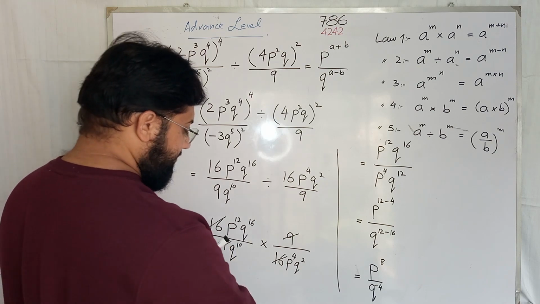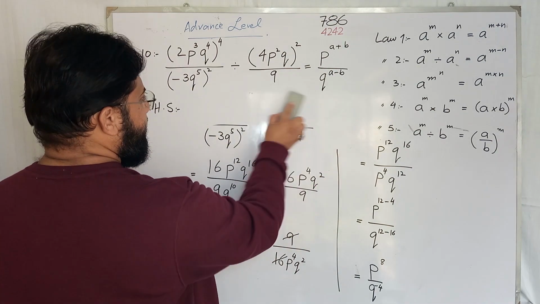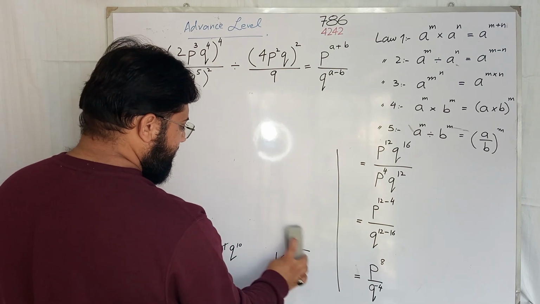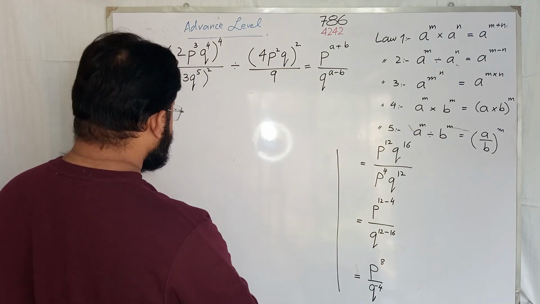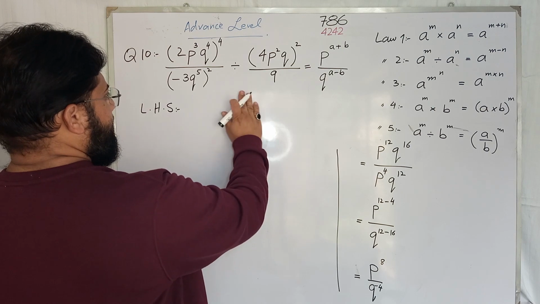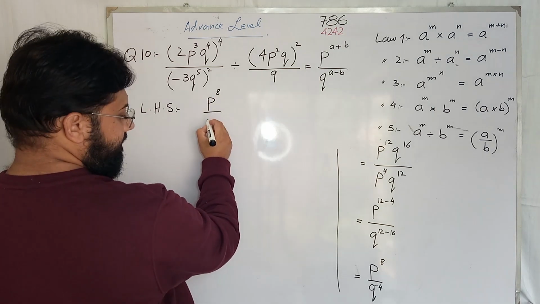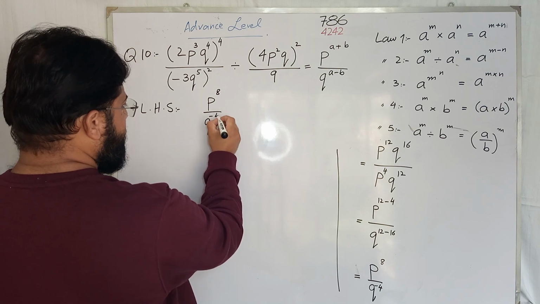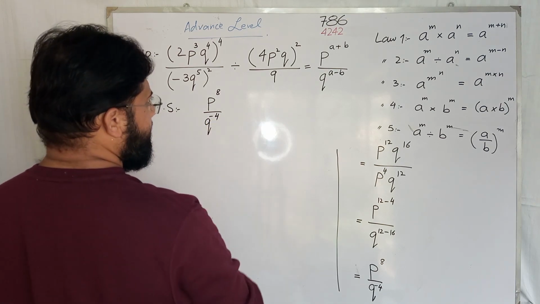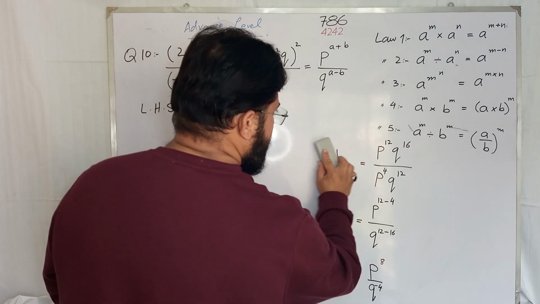Now I am going to erase and write this left hand side once again. That is P to the power 8 over Q to the power minus 4, right?